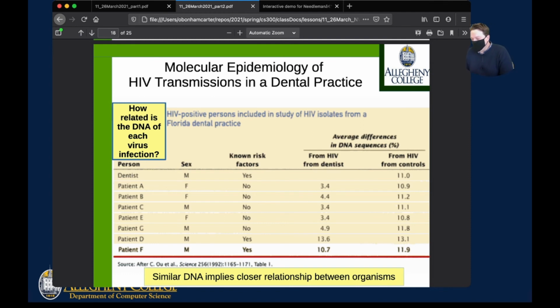This is actually a very interesting but sad type of table here. When I say sad, it represents loss of life, and so we must respect this data. These are patients A, B, C through F who were all infected with HIV when they went in for a routine visit to their Florida dentist.